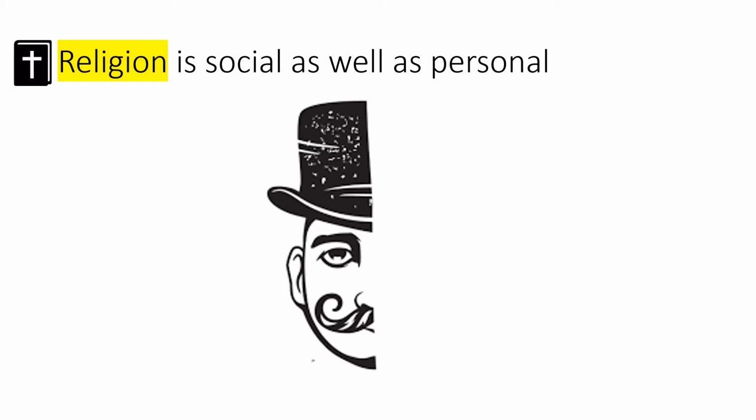So religion for the Victorians was not only social, but it was personal. And I think it's the same for us today. Whatever our cultural background, whatever the influences on us, if we have a religious experience, if we claim to be part of a religious group, I suppose it's social.